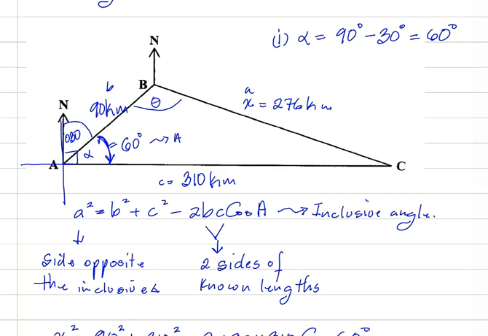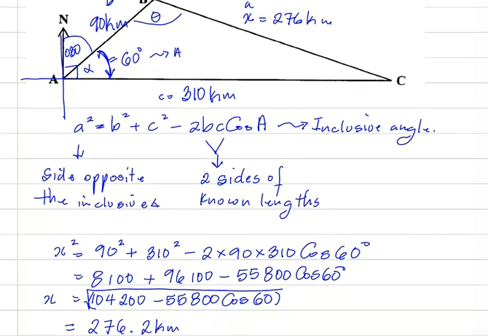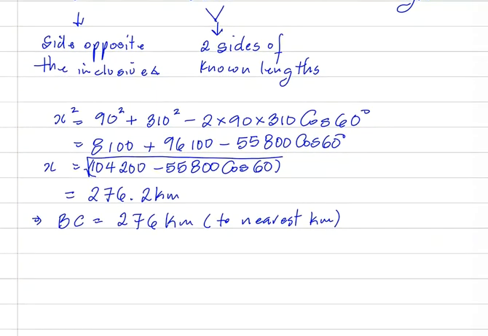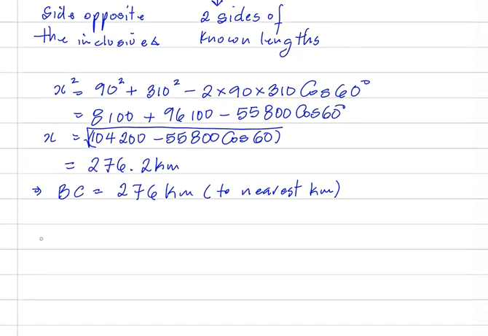Angle ABC is an angle inside of my non-right angle triangle. And if you use cosine rule on a triangle, the next thing you're going to use on a triangle is the sine rule. So to find the angle theta, I'm going to say sine theta over the side that is opposite to theta, which is 310, is equal to sine, the only angle I know in the triangle, which is, it's not 40, it's 60, the sine of 60 degrees over the side that is opposite to that, which is 276.